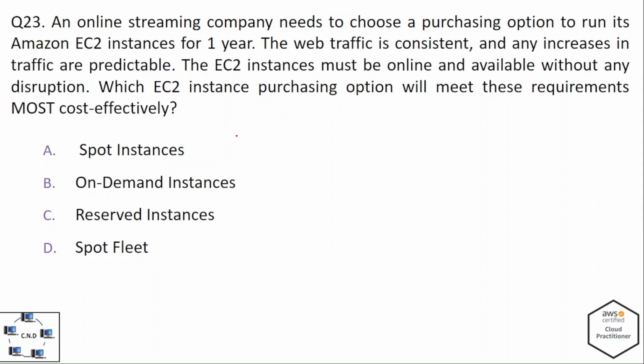so these are the different instance types inside AWS. So what is the most suitable for this type of customer requirements? And this is Reserved Instances. Reserved Instances are suitable for web traffic that is consistent and where increases in traffic are predictable.